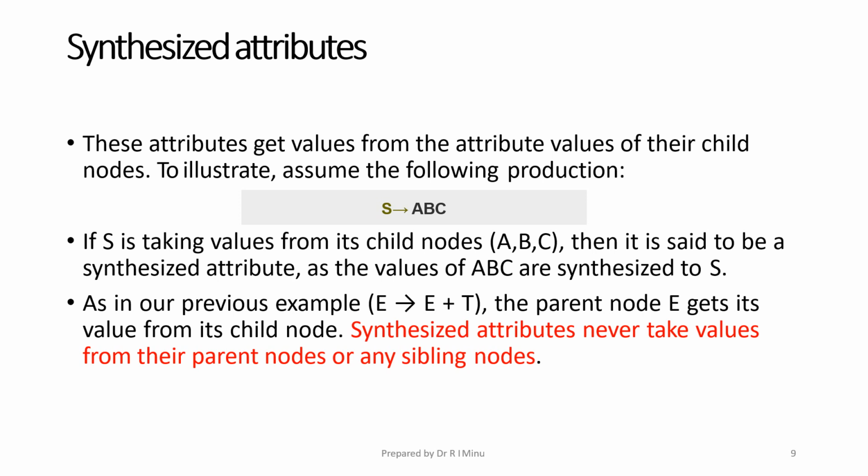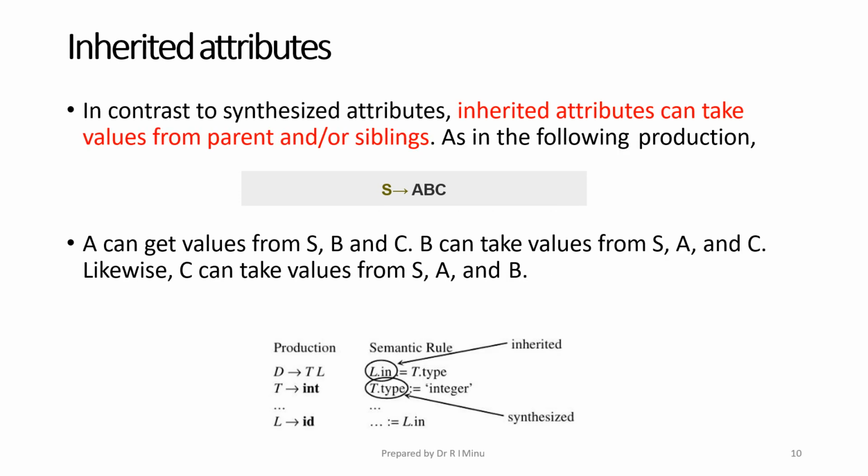After evaluating the child nodes A, B, C, the resultant value is stored in S. So S dot value depends upon its child nodes. That is, synthesized attributes depend upon the child nodes. What are inherited attributes? With inherited attributes, if you take B, B may depend upon its siblings or its parent.